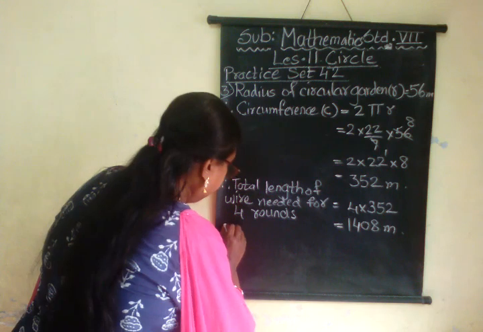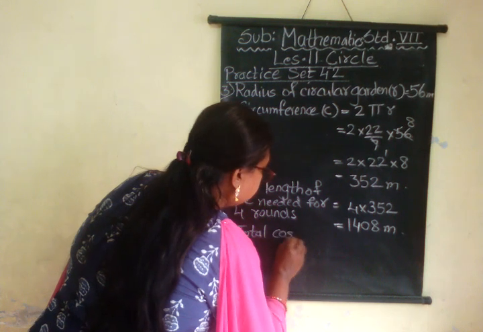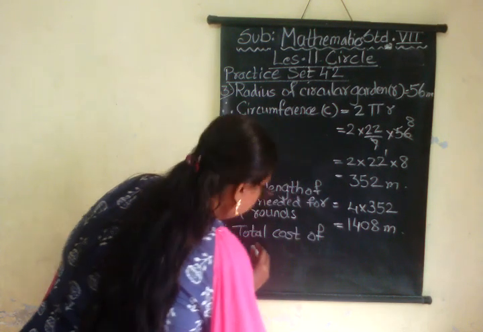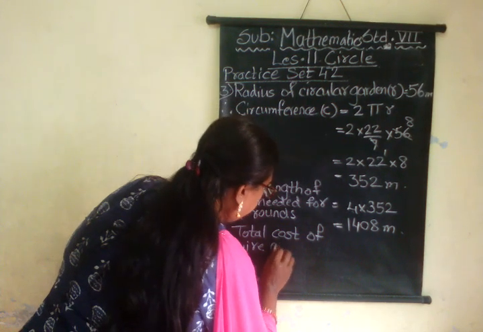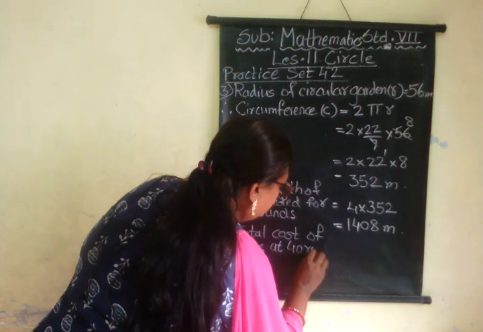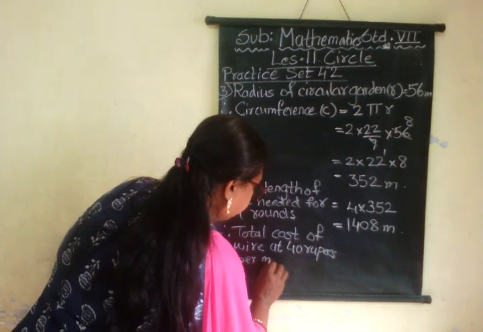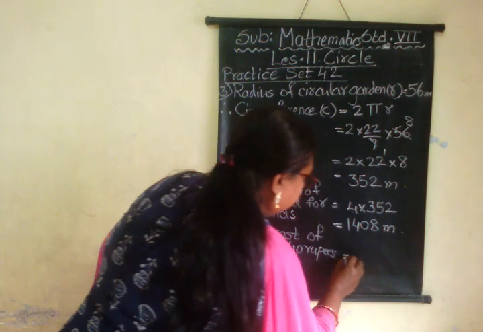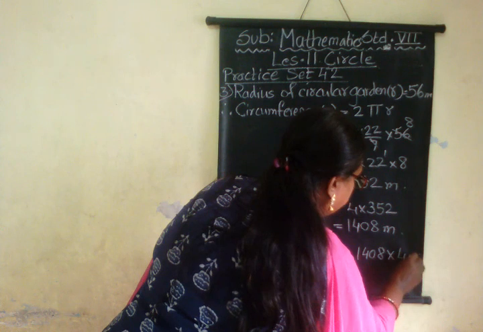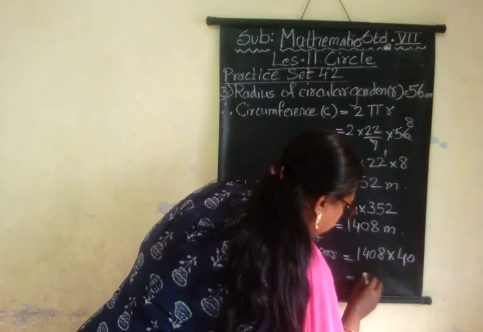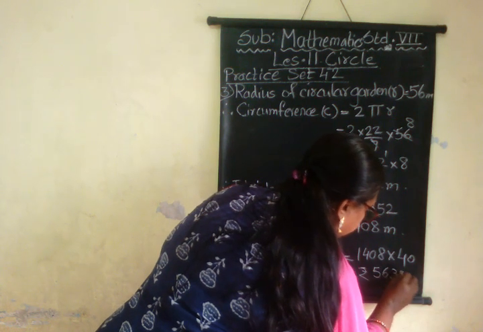So therefore, total cost of wire at 40 rupees per meter is equal to 1408 multiplied by 40. So this gives me answer as rupees 56,320.